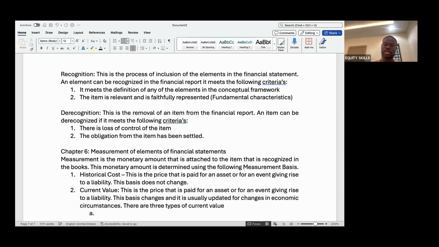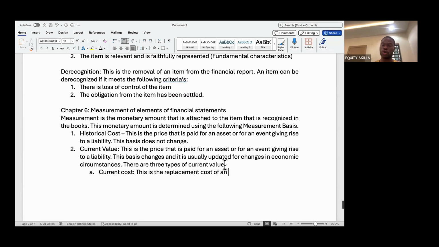Number one, we have current cost. And this is like the replacement cost of an asset. When you want to get how much the cost of an asset is today, you look at current cost. Two is fair value.